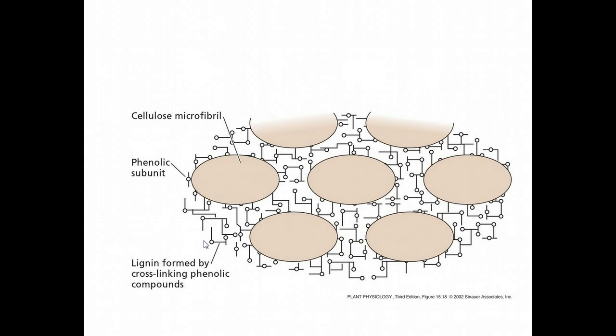And what you see in this cartoon is that you have a massive number of bonds being formed. Once that lignin is there, that cellulose is never going to stretch. You can't unlignify something. It's a one-way reaction. Okay? And that's because you don't want to maintain it.